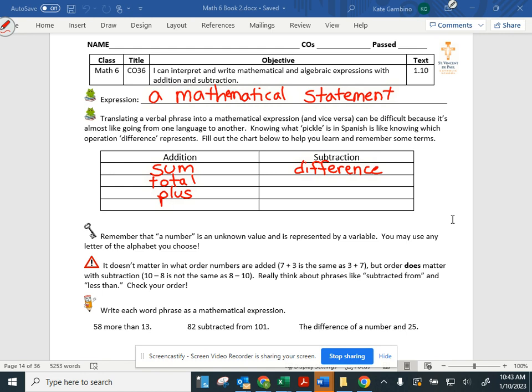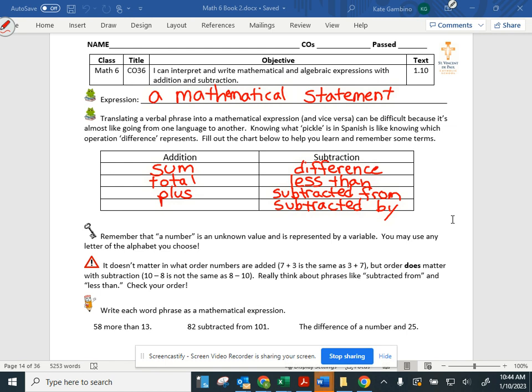So it's important that we know that difference means to subtract. You might also see less than, subtracted from, or subtracted by. So it's important to know that all of these means that we are going to be subtracting.